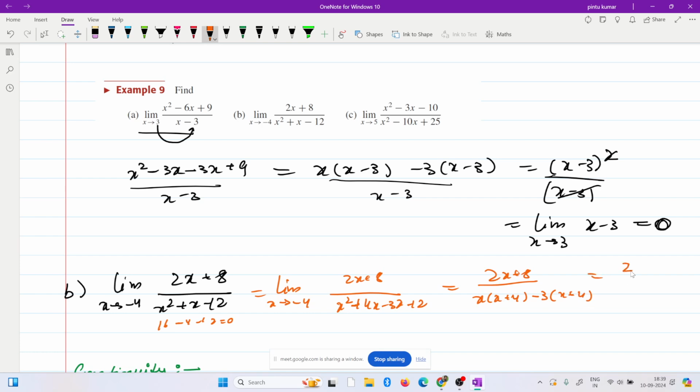So if you take 2 common, this is (x + 4) divided by (x + 4) multiplied by (x − 3). (x + 4) and (x + 4) get cancelled. We are left with 2 divided by (x − 3). And if you put the limit now, you will get −2/7. So this is the limit of this particular equation. Similarly, you can solve over here. You will get some terms cancelled and you can work out accordingly.